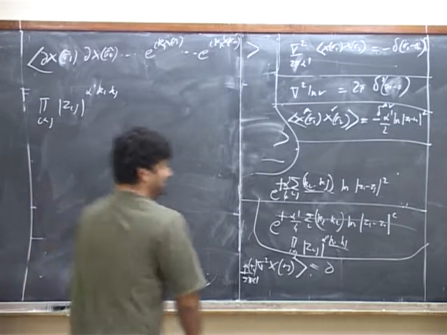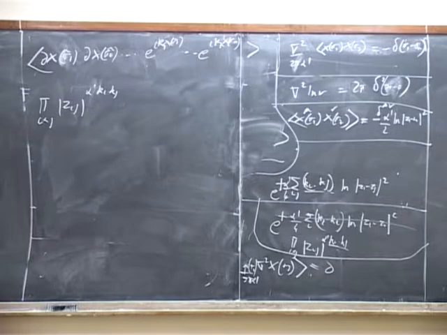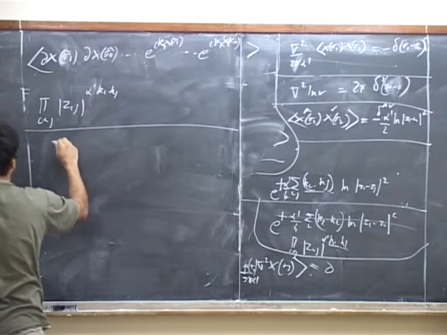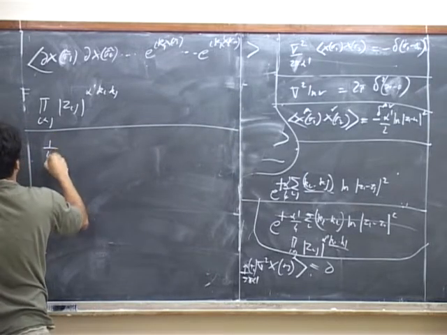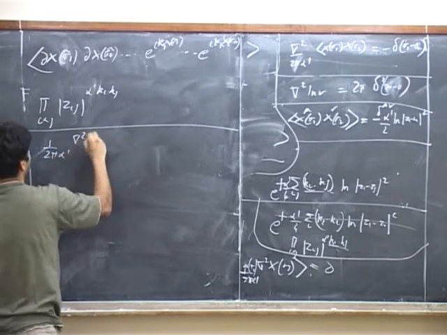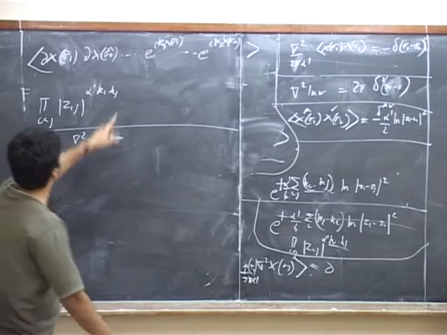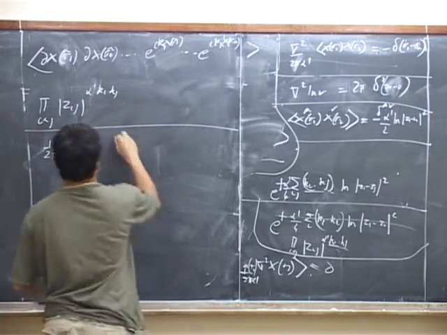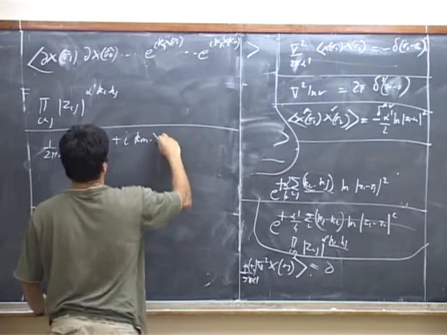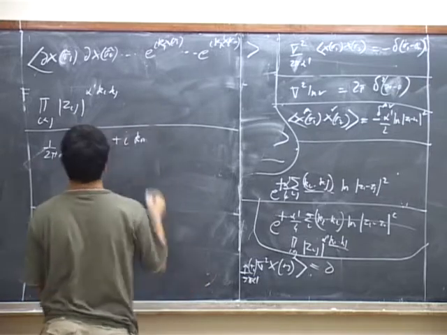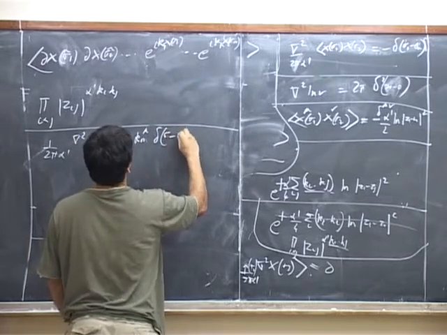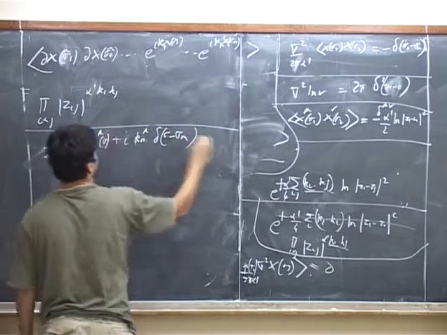So what are the equations of motion? That's a classical part. The equations of motion were 1 by 2 pi alpha prime del squared x plus i k1 ... km mu delta of sigma minus sigma m, sum, is equal to 0.